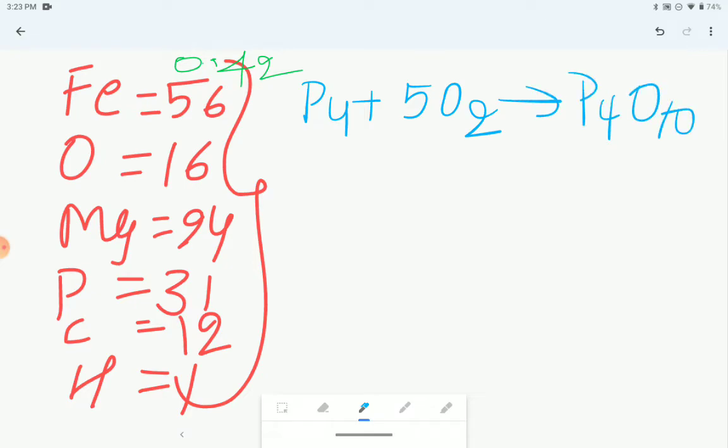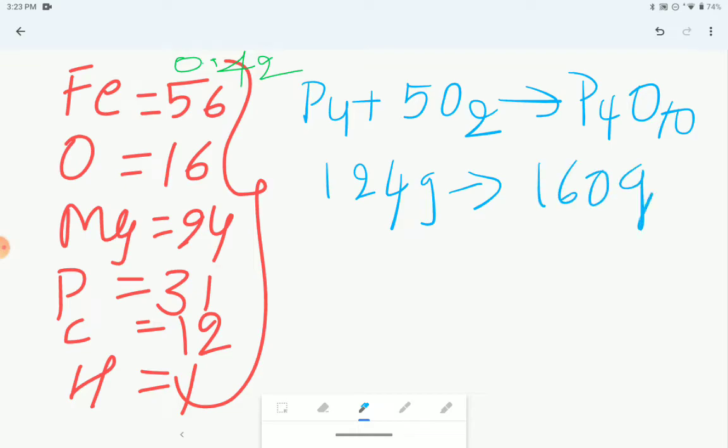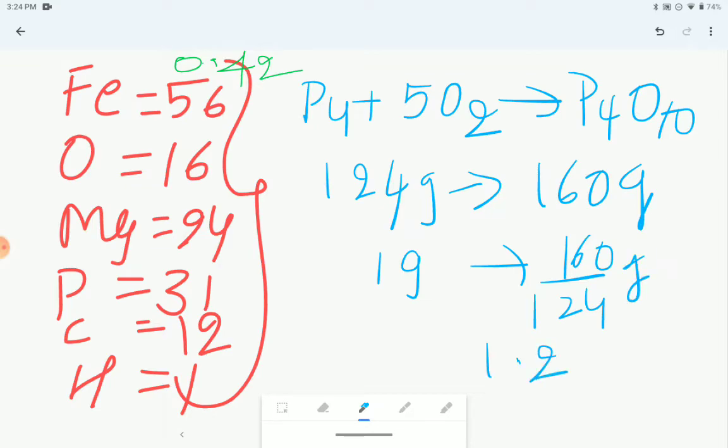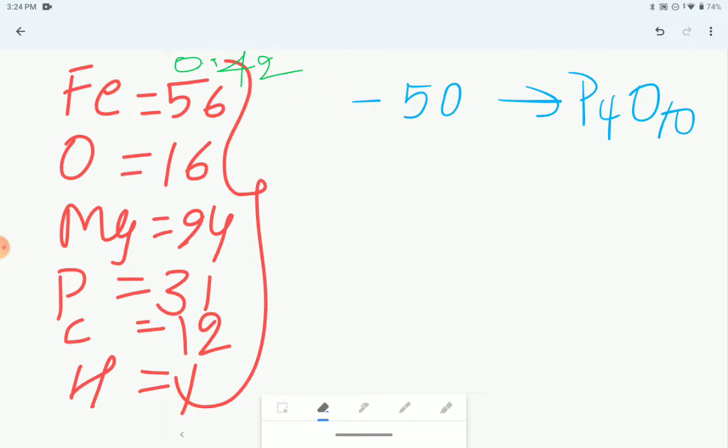Here if we observe 4 into 31, which is 124, 124 grams of P4 requires 160 grams of oxygen, which means 1 gram of P4 phosphorus requires 160 by 124 grams, which results as 1.29 grams. This also can be ruled out because it's more than 1, not at all less than the 0.42 value.